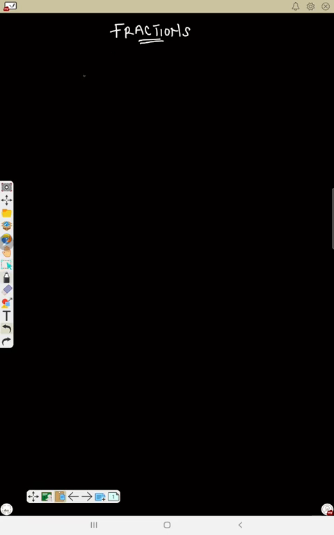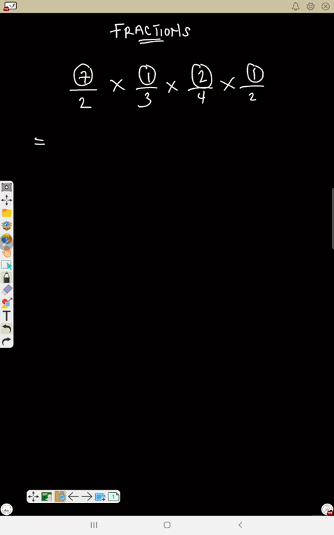So let's say I have 7 over 2 times 1 over 3 times 2 over 4 times 1 over 2. To do this, you don't find LCM. What you will do is multiply all the numerators and multiply all the denominators. To multiply all numerators, 7 times 1 times 2 times 1.